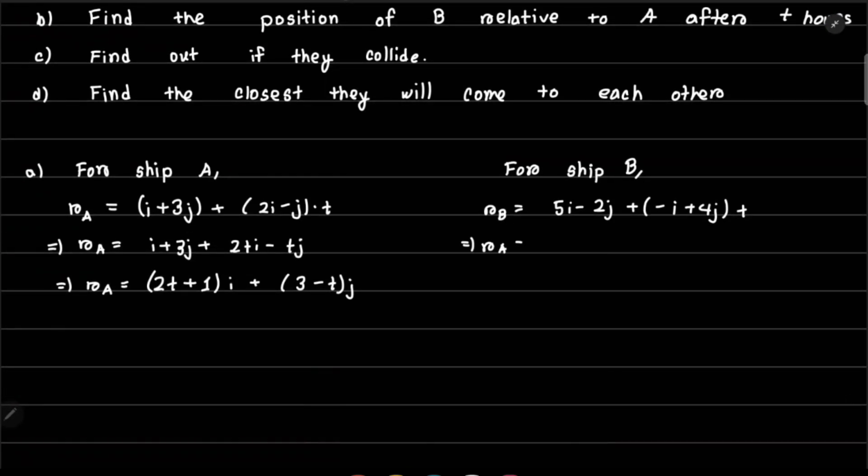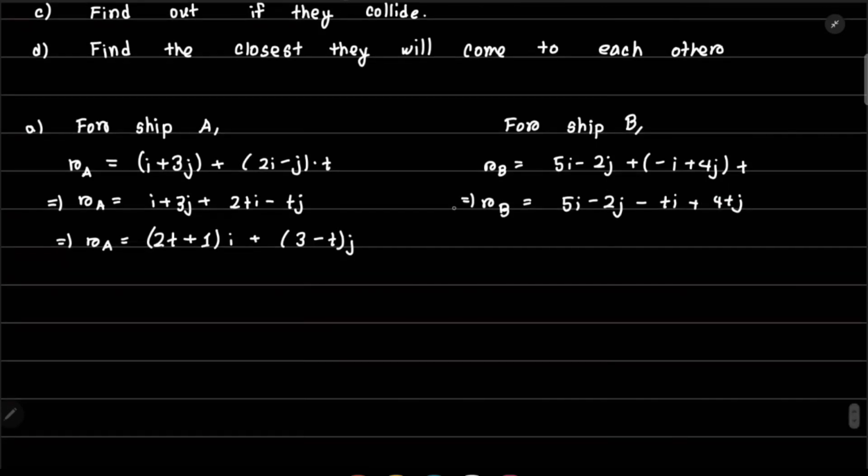So RB over here will be 5i minus 2j minus ti plus 4tj. We'll separate the i and j components again. We'll get 5 minus t i plus 4t minus 2 j.